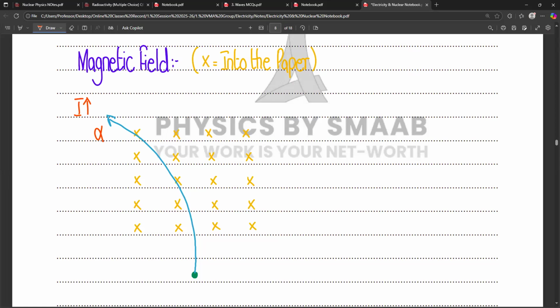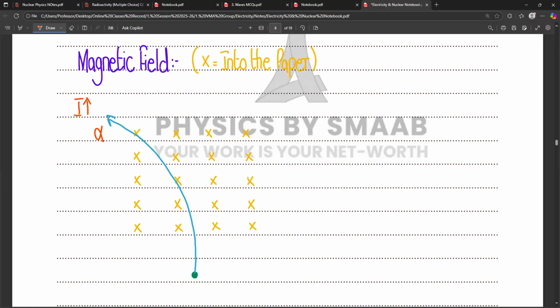And because we are talking about alpha, alpha is positive. So when the alpha particle is moving, it means we have positive charge moving. So it is the same pattern as electric current, because electric current travels from positive to negative. In the same way, the alpha particle travels from positive to negative.